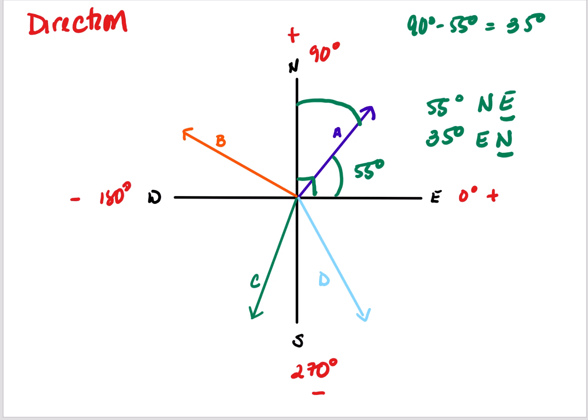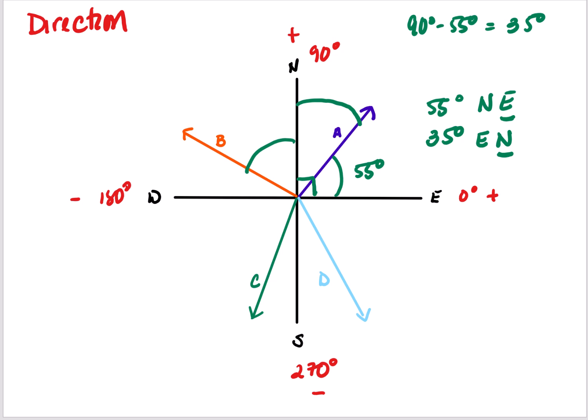So the second direction is where we start from. The first direction is where we are going to. So in this case, there are three ways we could label this: 55 degrees northeast, 35 degrees east-north, or 55 degrees from the east, or the 0 degrees.